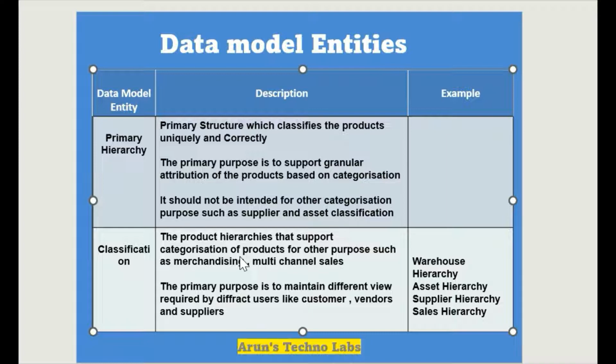The blue folder will have only one folder because it's unique. In the system setup tree you can see multiple yellow folders, which means it can have alternative classifications more than once, such as warehouse hierarchy, asset hierarchy, supplier hierarchy, sales hierarchy, and brand hierarchy.